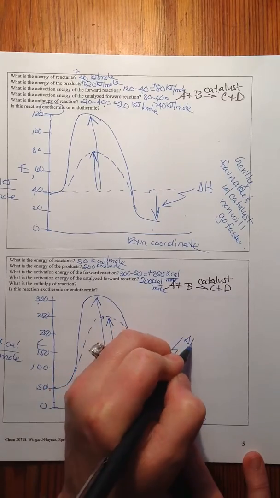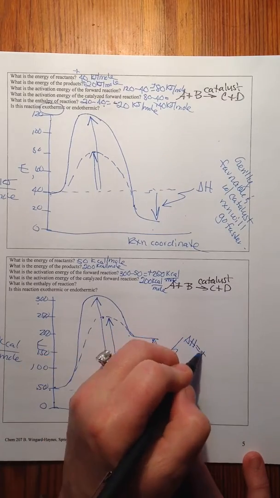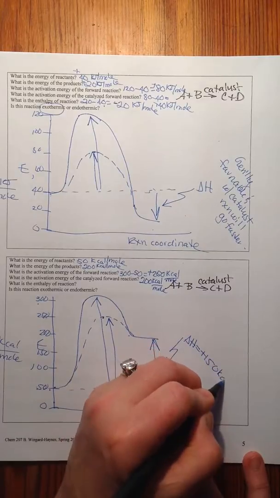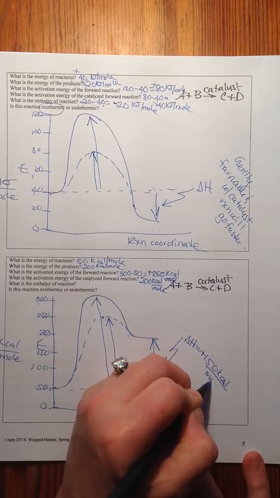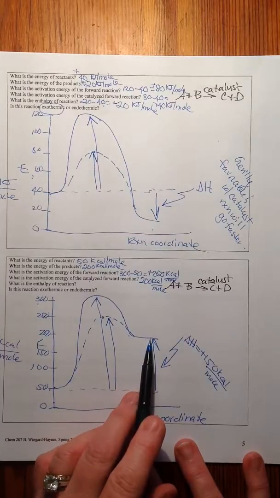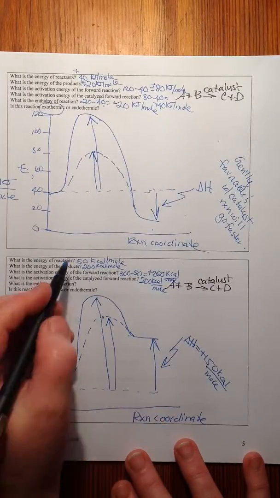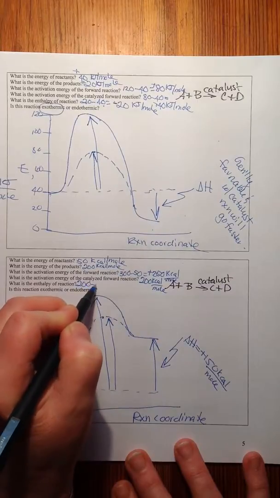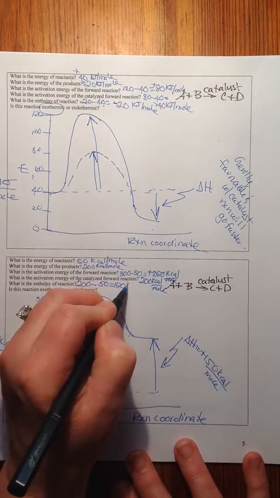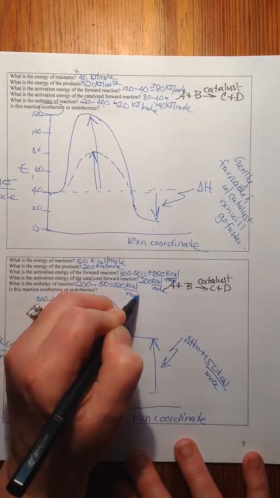Enthalpy is right here, and this is a positive 150 kcals per mole. I start at 50 and I land at 200. Okay, so 200 minus 50 is 150 kcals per mole.